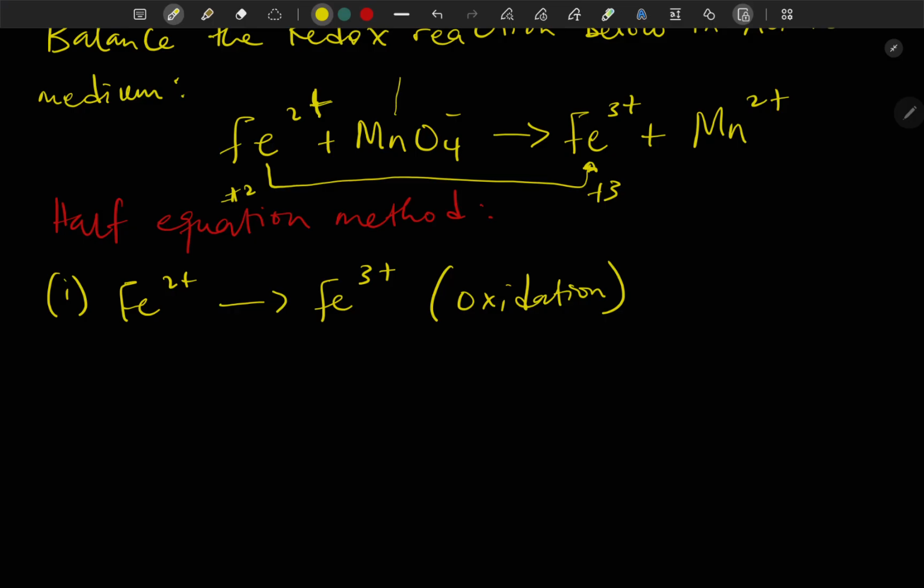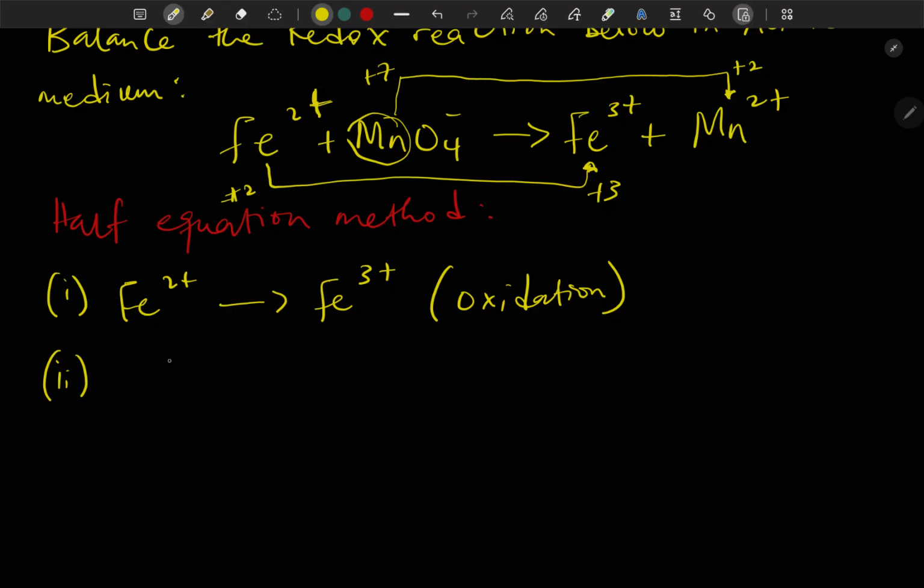While here, manganese goes from +7 to +2. If you calculate the oxidation number of manganese here, it is +7, tetraoxomanganate(VII). So it goes from +7 to +2. That is a reduction, because reduction is a lowering of oxidation number.